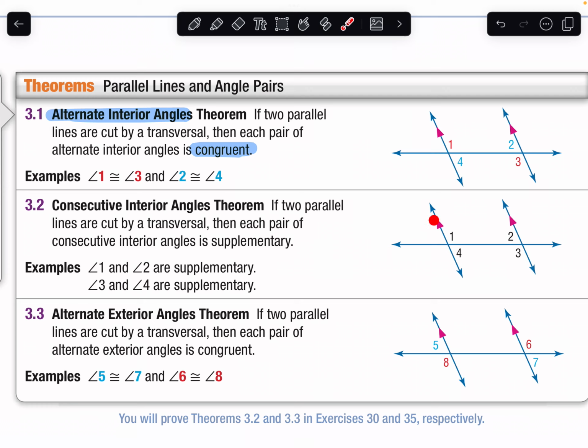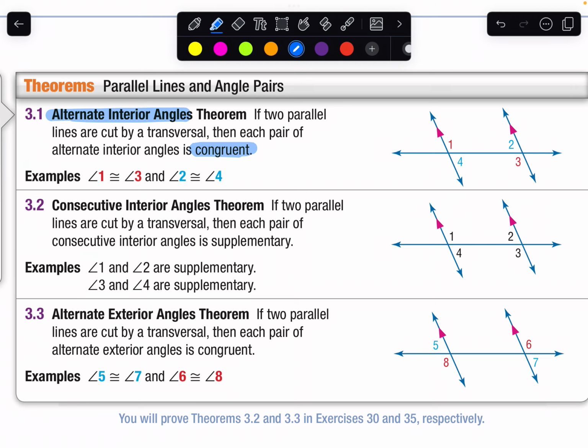If you're driving down one street and you make a turn, and then you make another turn in the same direction, so let's say from the perspective of the car, a left turn followed by another left turn onto a parallel road, you are now going exactly the opposite direction you were traveling. So you've turned effectively 180 degrees. That's how you can remember that these should be supplementary. And we'll highlight this one in red. Consecutive interior angles are supplementary.